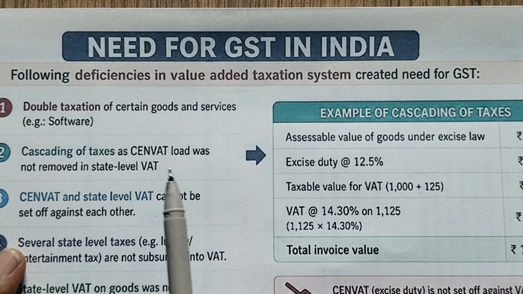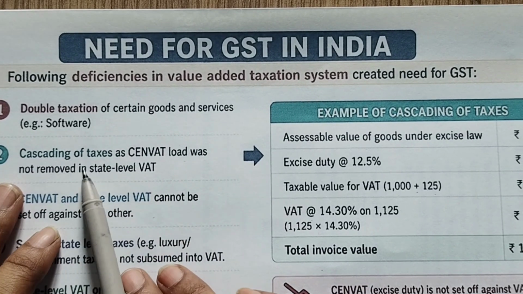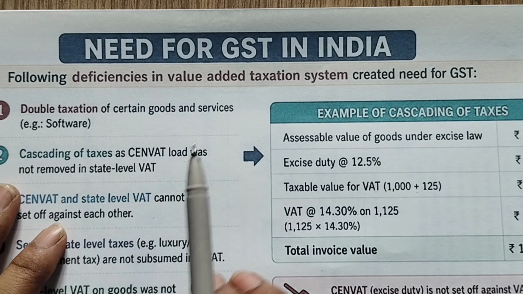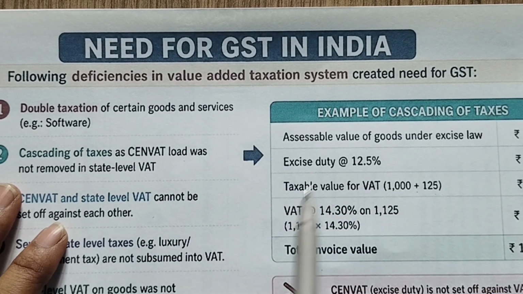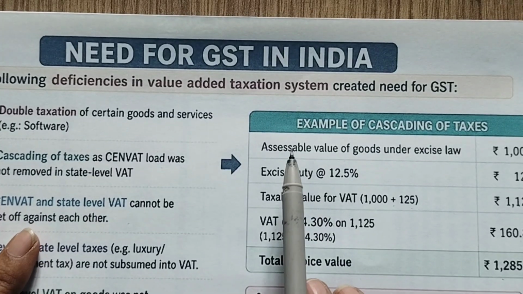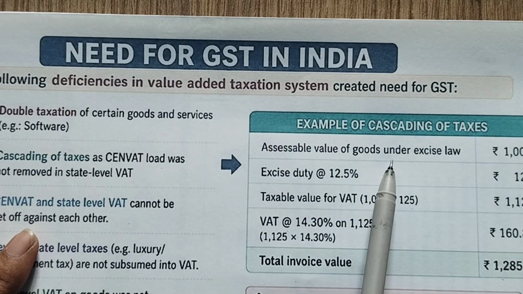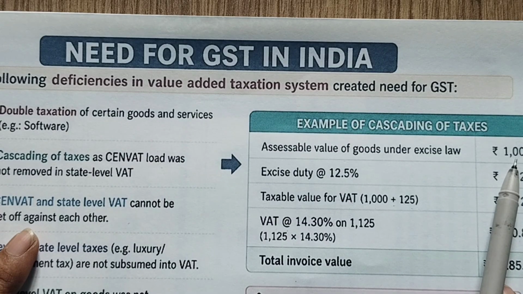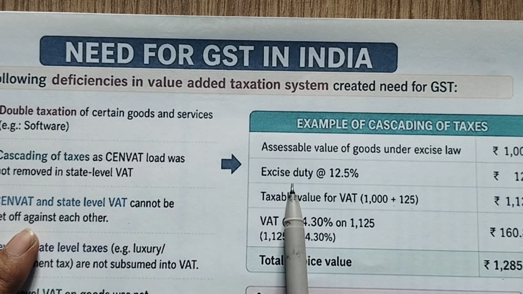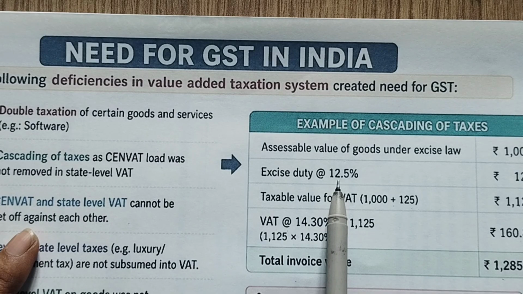See, there was a double taxation system. Cascading of tax. Cascading of tax means tax on tax. Now, the assessable value of the goods is 1,000. On this, excise duty will be calculated at 12.5%.